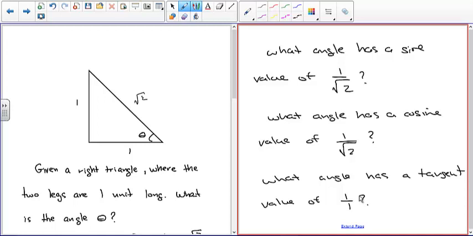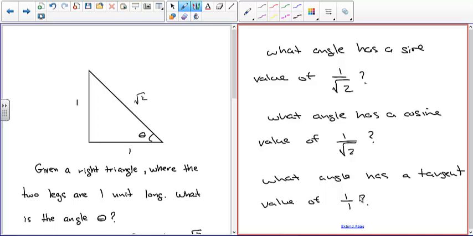With this particular ratio, there's only one angle between 0 and 90 degrees that results in that. Same with cosine: the adjacent over the hypotenuse. And the opposite over the adjacent is the tangent. What angle has a tangent value of 1?